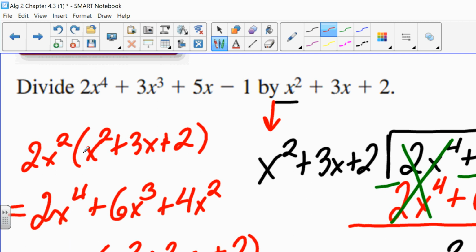Well, negative 3x times x squared is going to be negative 3x cubed. Negative 3x times 3x is negative 9x squared. And negative 3x times 2 will be negative 6x.